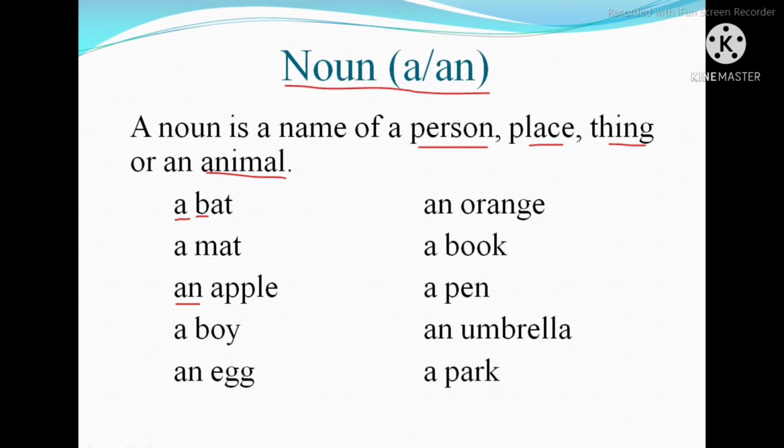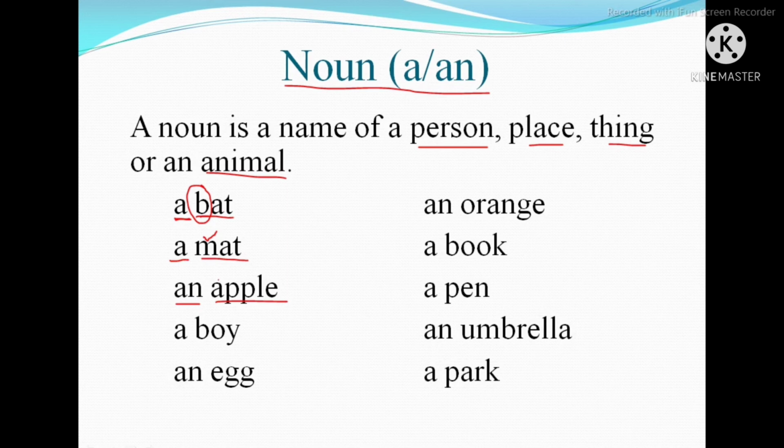For example, bat. B-A-T, bat. Here you see the first letter is B and it's a consonant, so we put a bat. Mat. Here in this word, M is a consonant, so we put a. Apple.